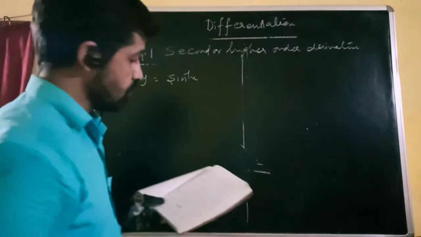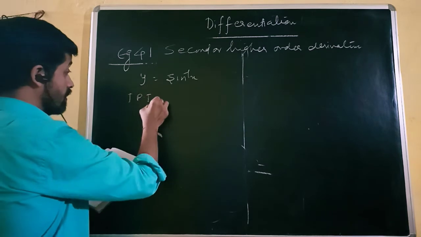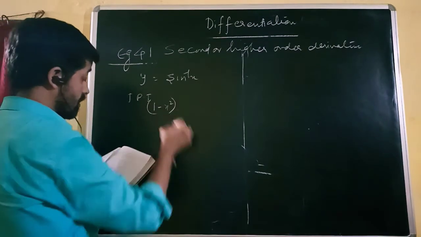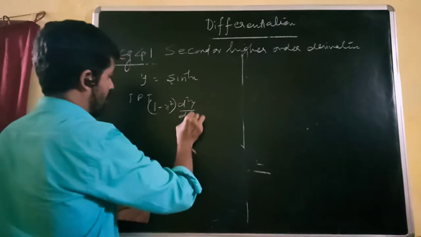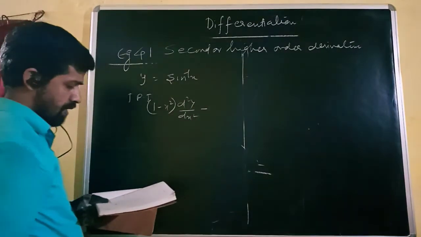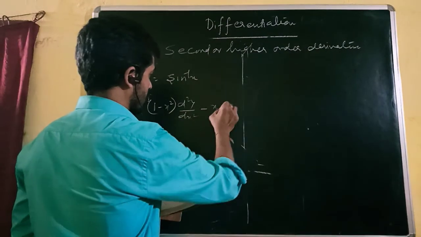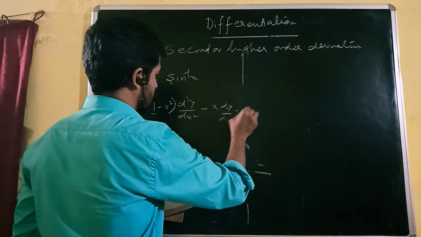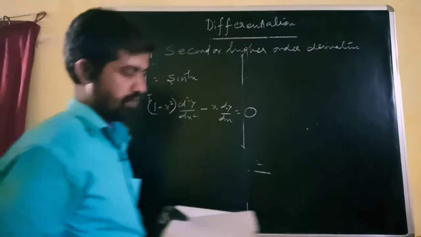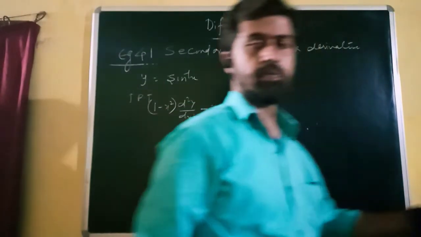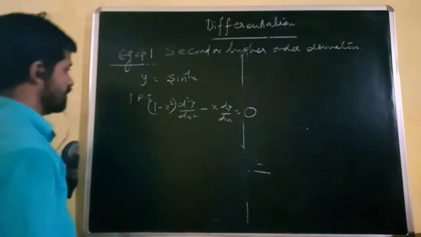Then prove that 1 minus x square times y2 minus x times y1, that is a homogeneous expression, equals 0. This is the type of question where students find a little bit of difficulty.